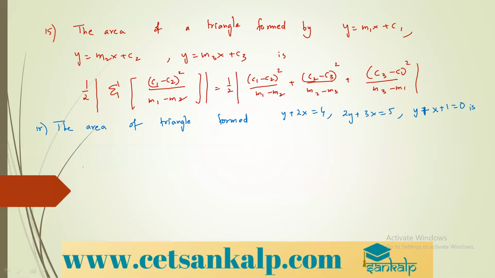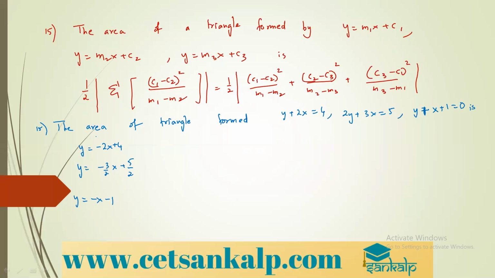First of all, we will write it in the proper slope intercept form. y equal to minus 2x plus 4. y equal to minus 3 by 2 x plus 5 by 2. y equal to minus x minus 1.